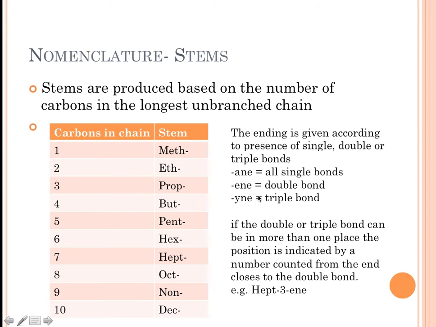The ending tells us what kind of carbon-to-carbon bonds we got. So if it's single, it ends in ane, ene for double, and yne for triple. If it's possible to have it in more than one place, then we'll put a number in to tell us where it is. And that number is the lowest number of the carbon it goes from and to. Okay.